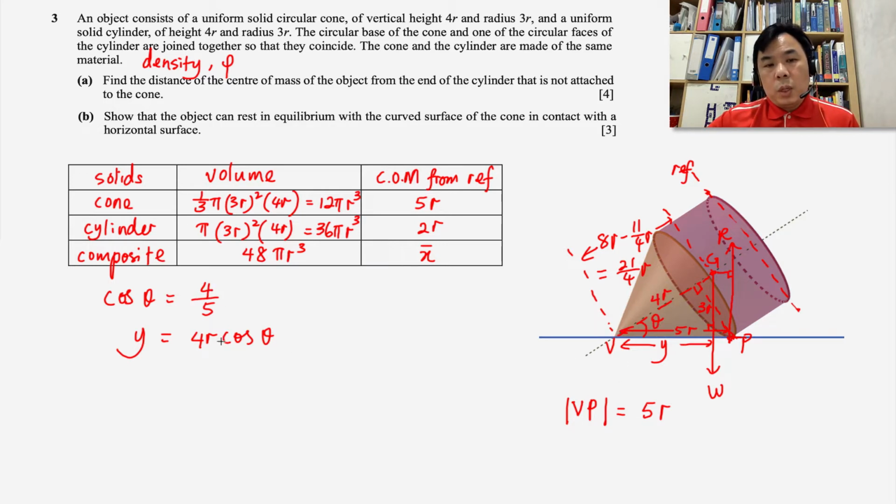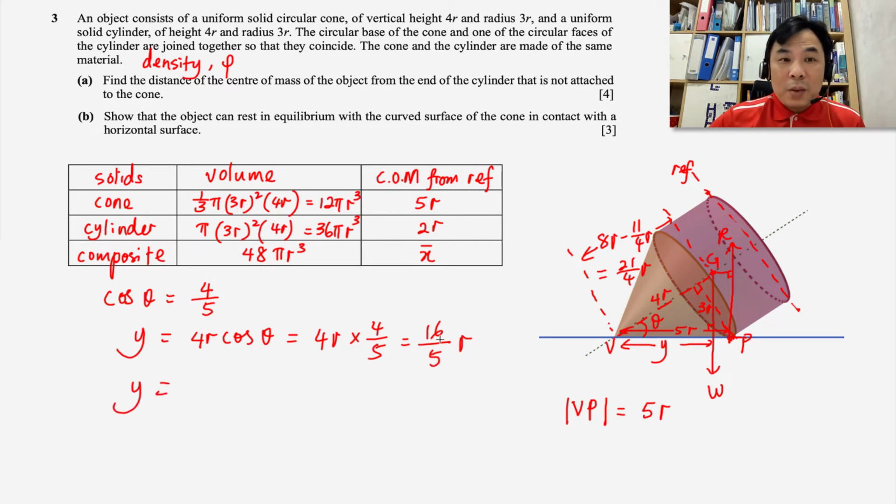And then we know that the cosine theta is 4 over 5. So therefore, this will be 4r times 4 over 5. And then that will give us 16 over 5 r here. Now 16 over 5 r is basically 3.2r.